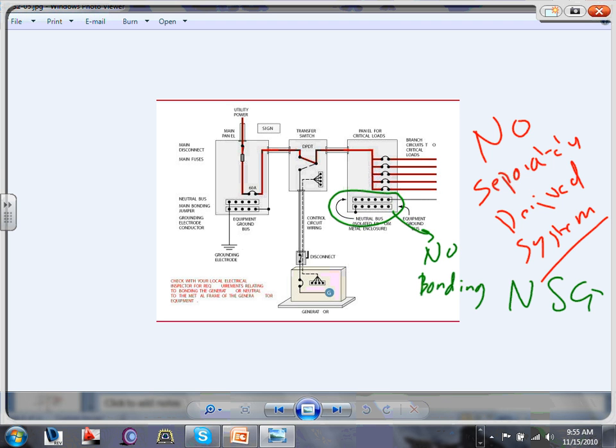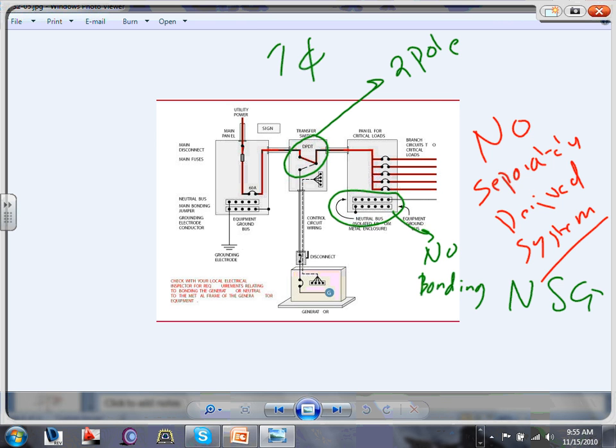Based on this, this is a single phase. They're not saying it's a single phase utility, but let's assume this is single phase. Then looking at this, how many poles?